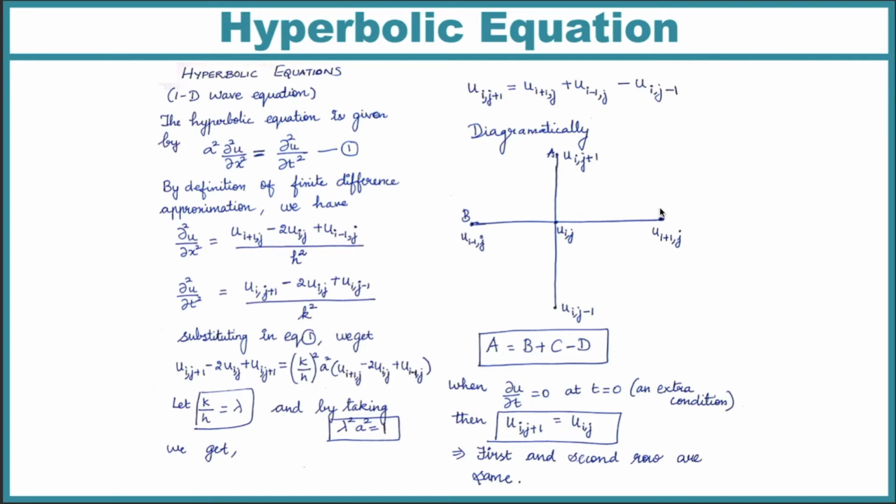So a is equal to b plus c minus d. This is the formula.